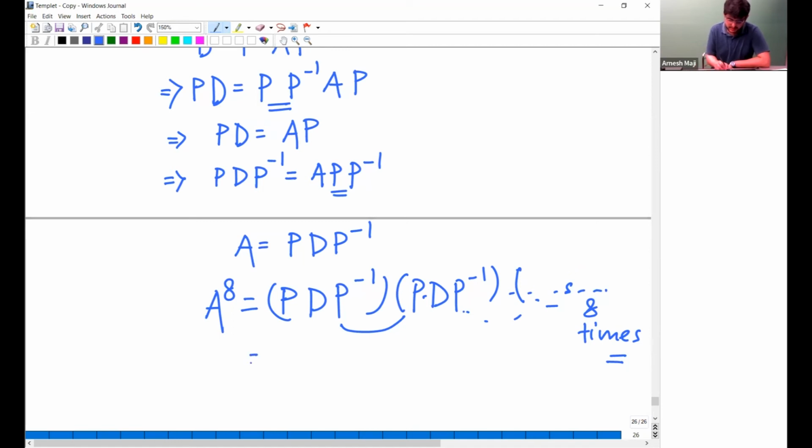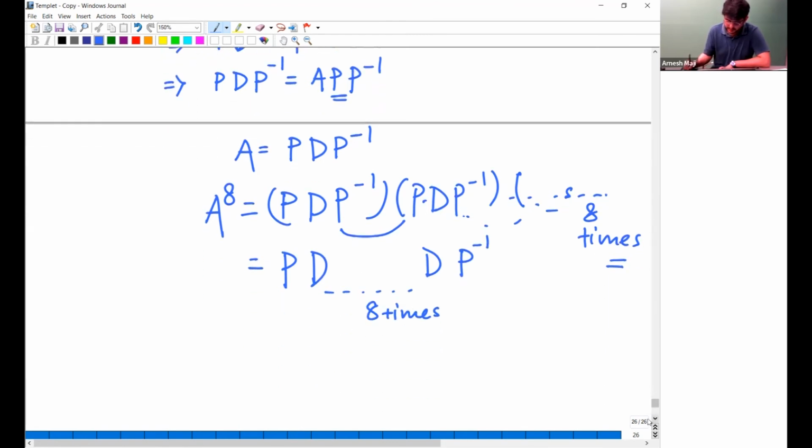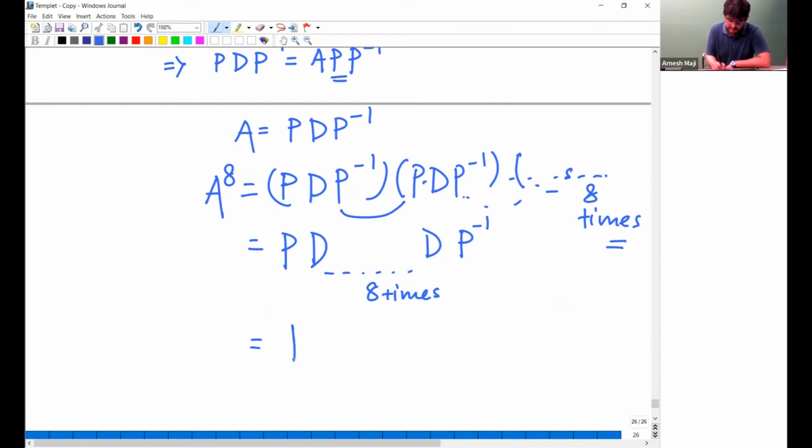So ultimately we will be left with P D 8 times and P inverse, that is, P D raised to the power 8 and P inverse. Now you will ask, I had to find A raised to the power 8, and now I have to find D raised to the power 8.